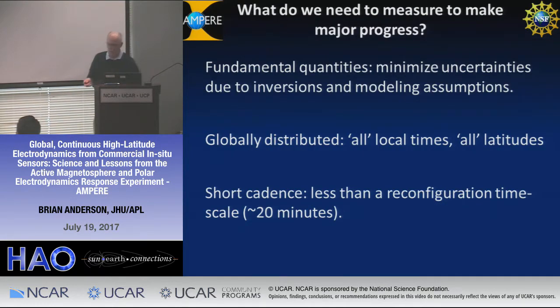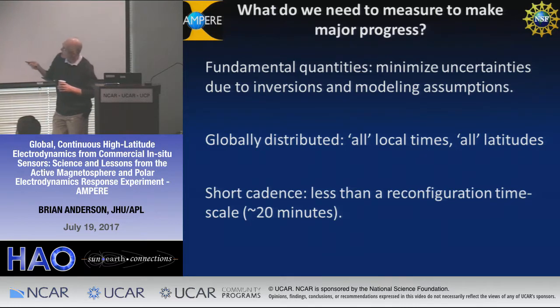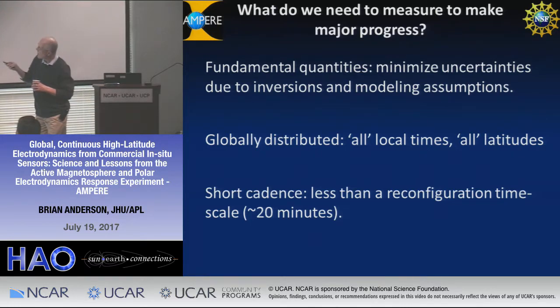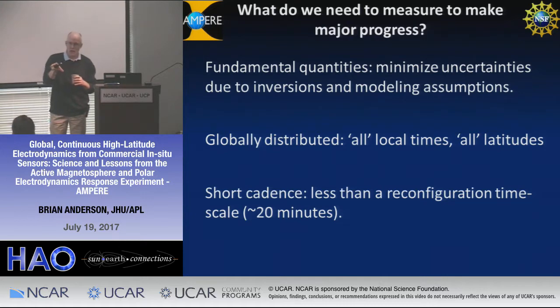So what do we need to do to make real progress? Well, we have to make fundamental measurements of fundamental quantities. But what do I mean by fundamental quantities? Something that's an MHD quantity, like current, electric fields, flows, something like that. Because what we had tried to do was to use the Polar satellite, using multiple wavelengths of the aurora, to try to diagnose the conductivity and try to extract the electrodynamics from that.